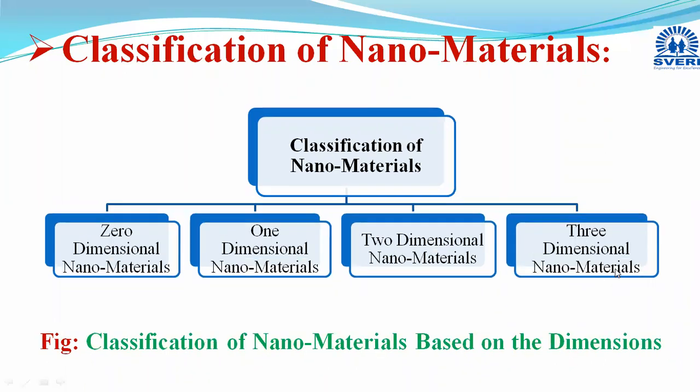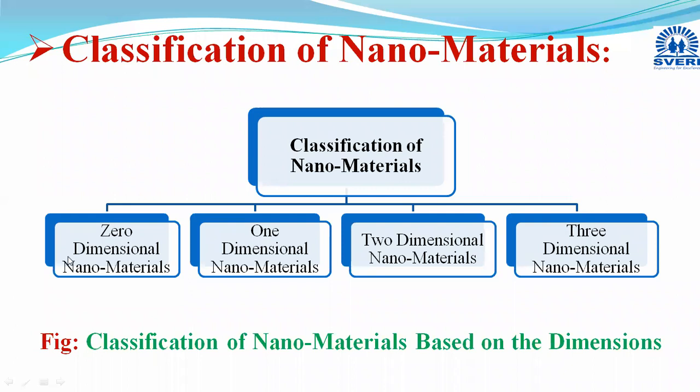Then the next classification of nanomaterials depends on their dimensions, and they are classified into four types: zero dimensional nanomaterials, one dimensional nanomaterials, two dimensional nanomaterials, and three dimensional nanomaterials. Now, zero dimensional nanomaterials, please see here carefully.